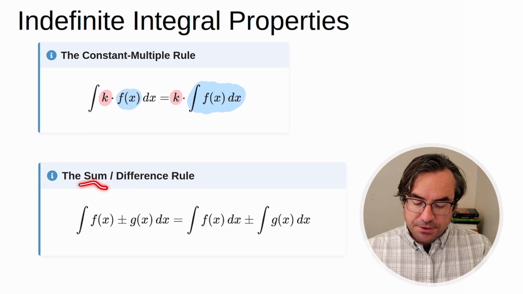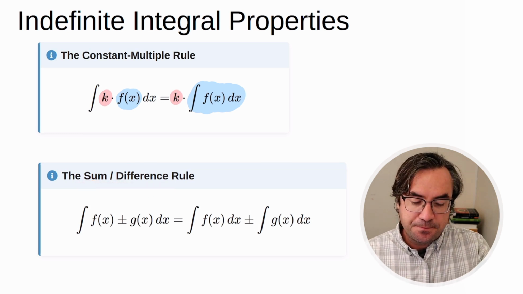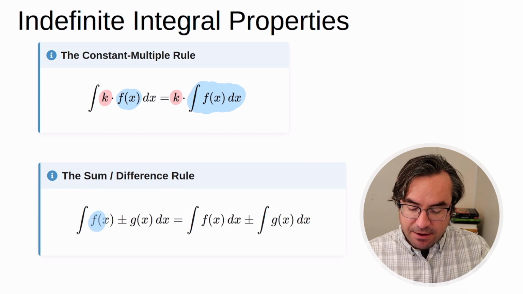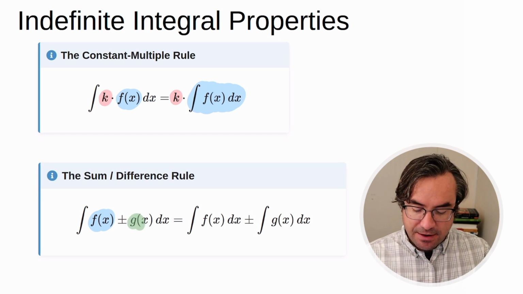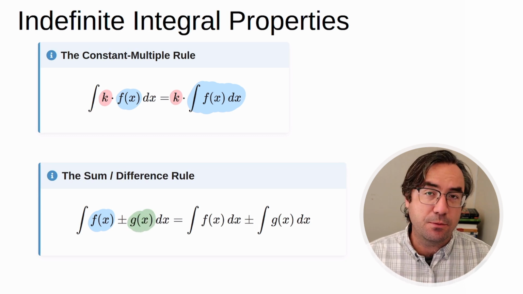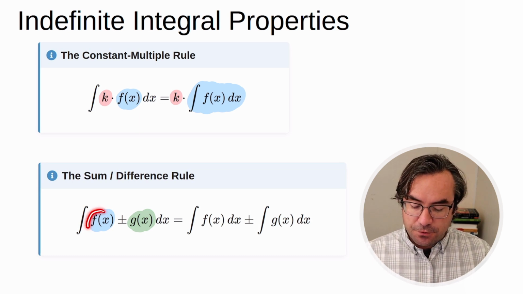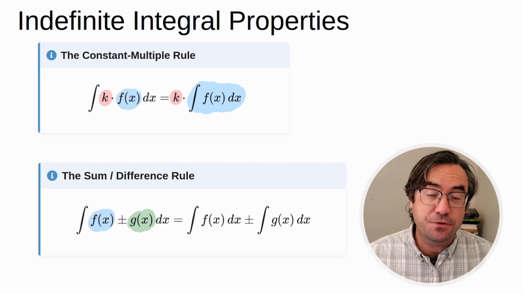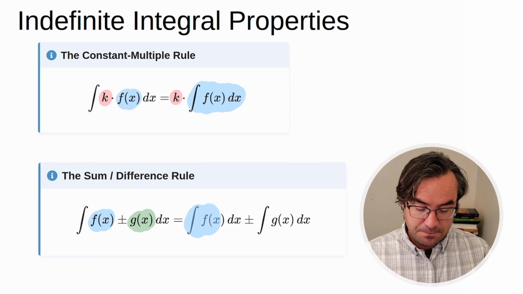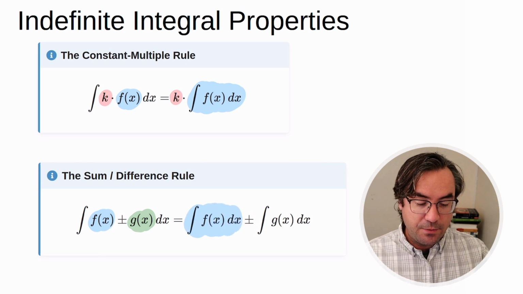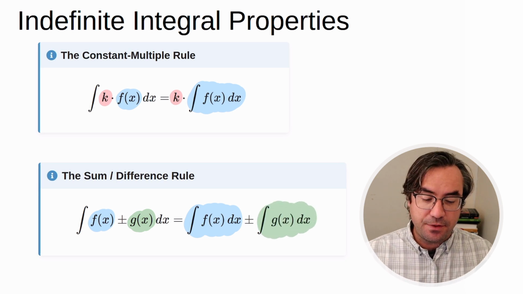So we also have sum and difference rules. What these say is if we have one variable term, call it f of x, and then another variable term that we're either adding or subtracting in, we can first focus in on the first variable part, get the antiderivative of that, and then focus in on the second variable part, get the antiderivative for that.